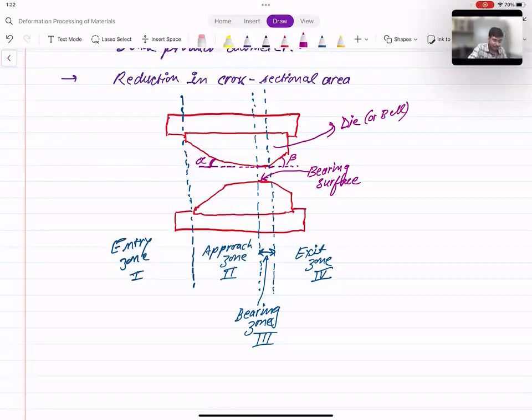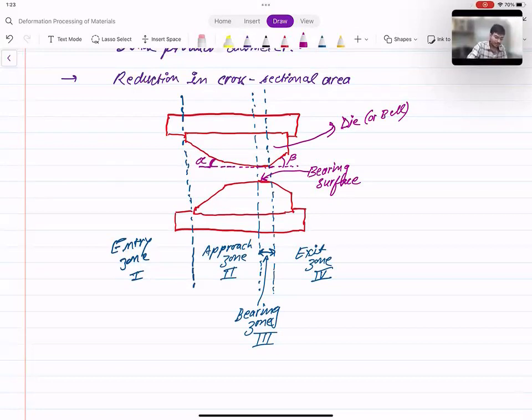Similarly, there is a die at the bottom side or lower side. Alpha is the approach angle, and this is the arrangement for the wire drawing operation, the die setup.